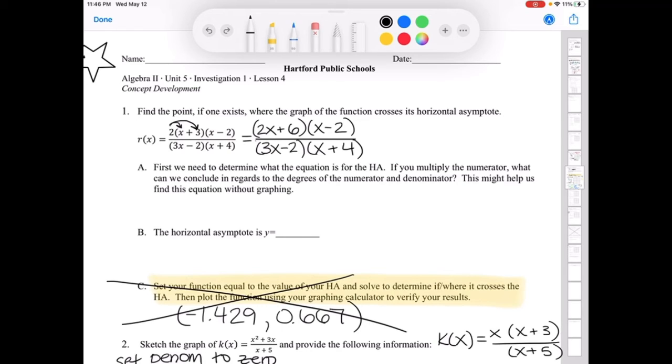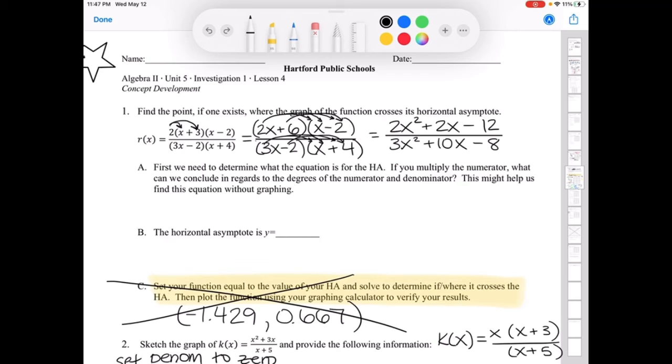So far all I did was distribute in that 2 value, and now I have to do some FOIL, right? I have to make sure that I'm multiplying all my values properly, and then simplifying to this expression. So I have 2x squared plus 2x minus 12 all over 3x squared plus 10x minus 8. That's what we get from distributing and simplifying both expressions.